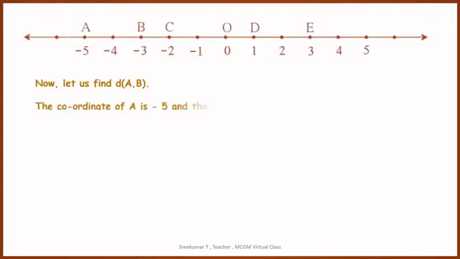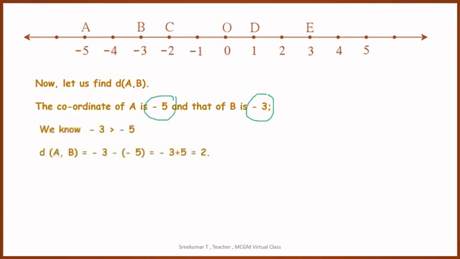Another example from your textbook, find the distance between A, B coordinate points. Again, A is -5, B is -3. So again, -3 or -5, which is bigger? -3 is bigger, so -3 minus -5.